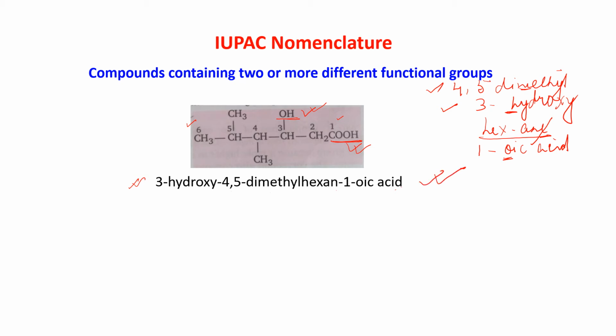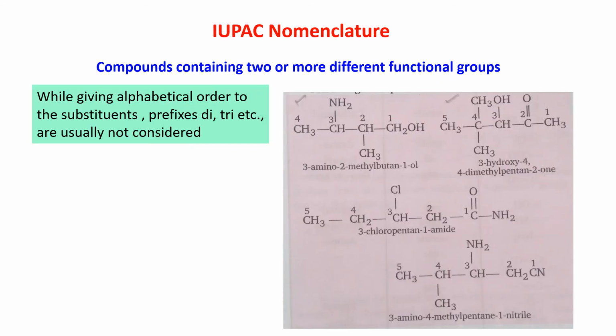Have you understood? While giving alphabetical order to the substituents, prefixes di, tri, etc. are usually not considered. Some of the examples are given here. Let me take this example, the second one.